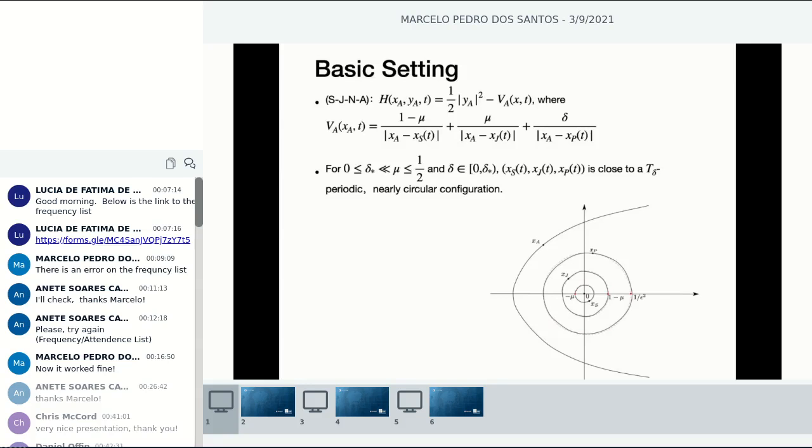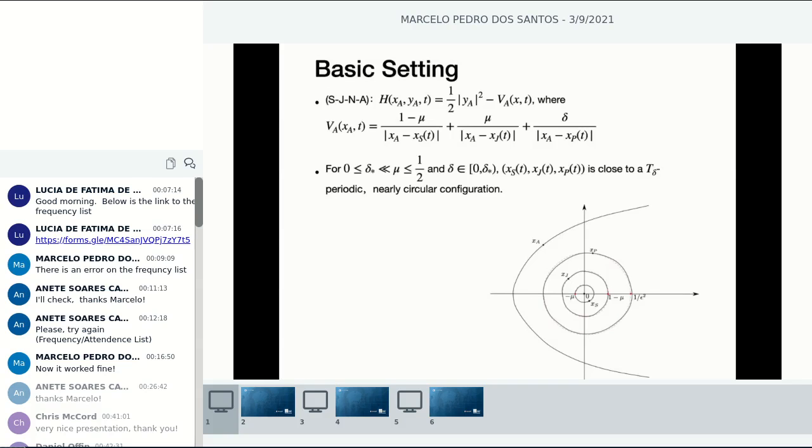So the mass of Jupiter is less than the Sun, and for any delta in 0 to delta star, the periodic orbit is always close to a T delta periodic, nearly circular configuration. In this graph, I use the red dash to mark the relative circular position of the primaries.